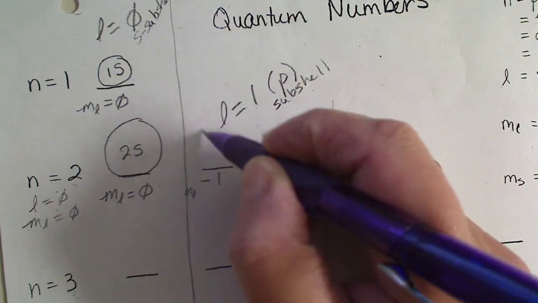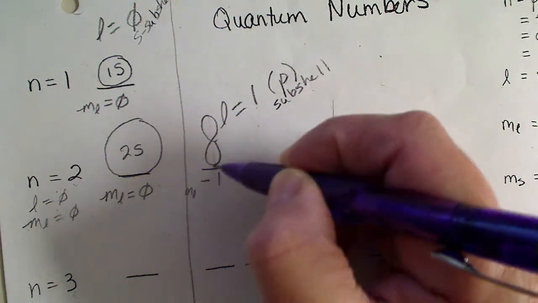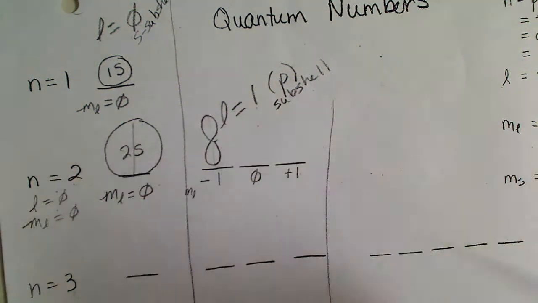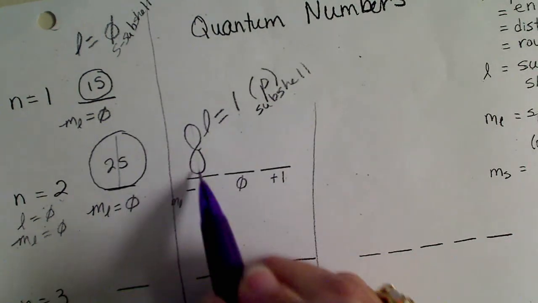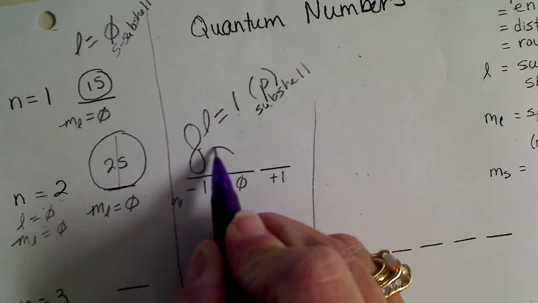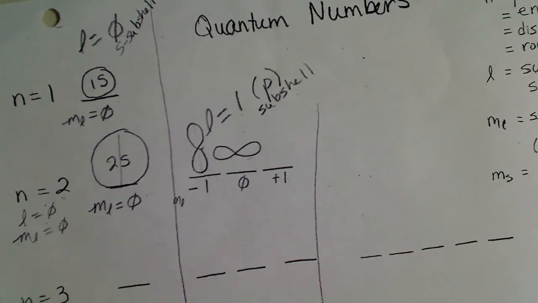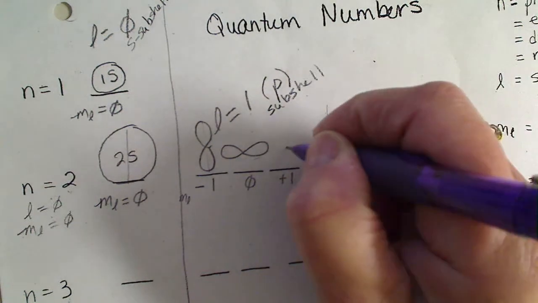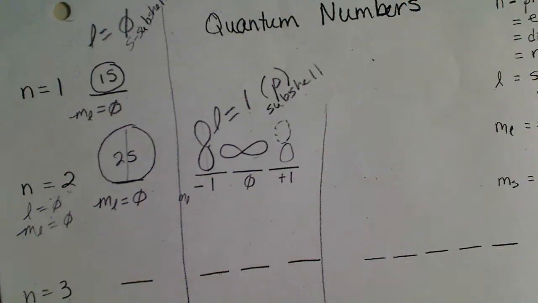If I try to draw them the same, so that the distance across here is the same as the diameter of that 2s orbital, that would be the p in the y direction. The p in the x direction would be the same size, but just have a different orientation in space. And then one coming out of the paper and going back into the paper.